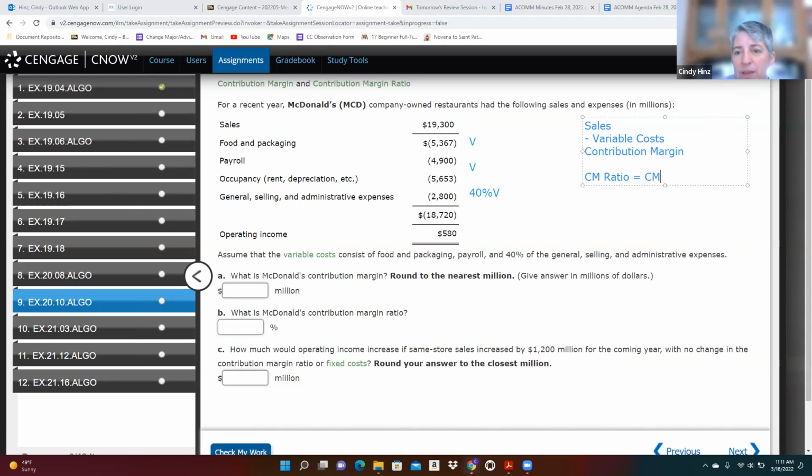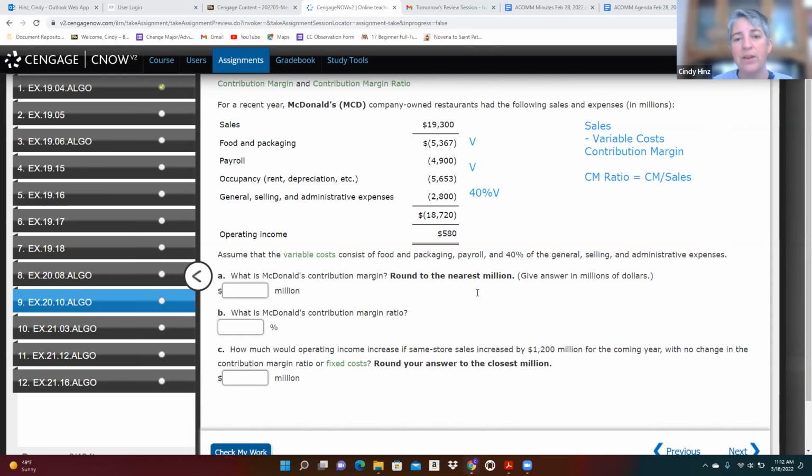Contribution margin ratio is the contribution margin in dollars divided by the sales in dollars. So contribution margin is how many dollars are left after covering our variable costs to apply toward our fixed costs and hopefully generate a profit. And contribution margin ratio is what percent of each sales dollar is left after covering the variable costs.